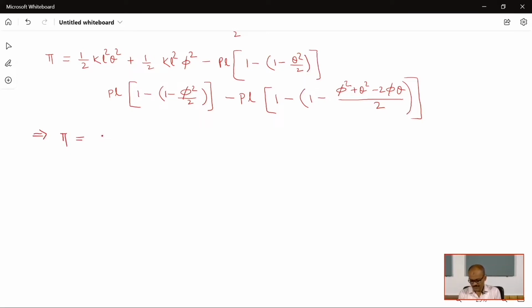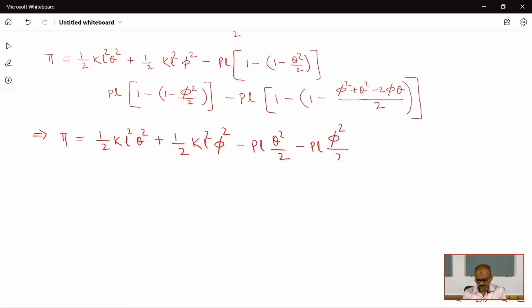This is equal to half k L square theta square plus half k L square phi square minus P L theta square by 2 minus P L phi square by 2 minus P L phi square by 2 minus P L theta square by 2 plus P L theta into phi.